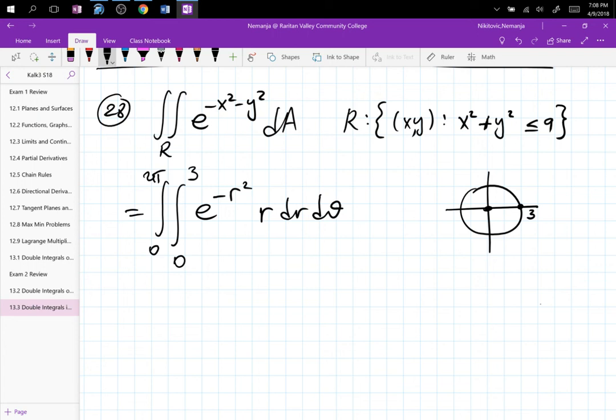It's kind of sneaky of them to put less than or equal to 9. Because what less than or equal to 9 means is you get to shade that circle. And the circle starts at the center, right? For r, 0 to 3. Right?